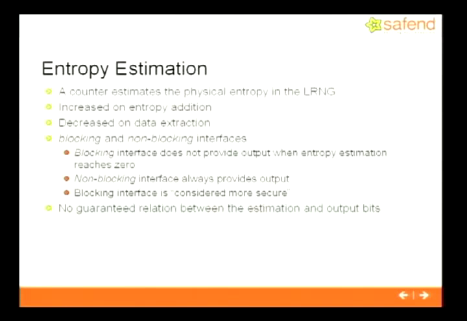So whenever the system adds entropy, the counter gets increased. Whenever you consume, it decreases. Very simple. And for /dev/random, if this number gets to 0, you go to sleep. Your process goes to sleep till there is new entropy. For /dev/urandom, you get data forever. So that's the mechanism in very, very simple terms.